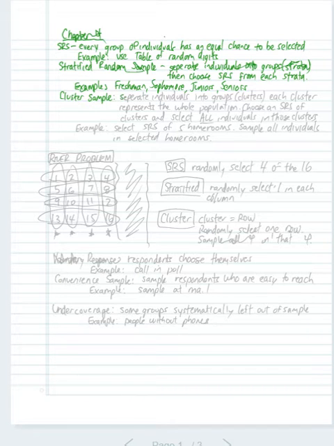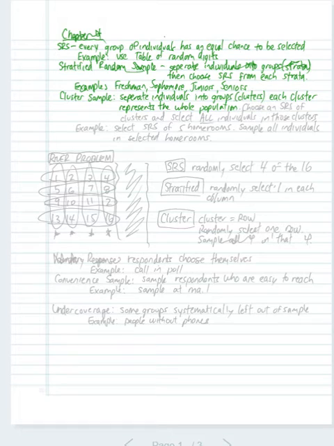You're first going to separate individuals into groups or clusters, but this time each cluster represents the whole population. Okay, so each cluster has to have an accurate representation of all of the people in the population.